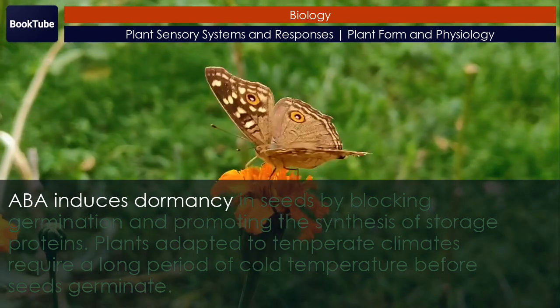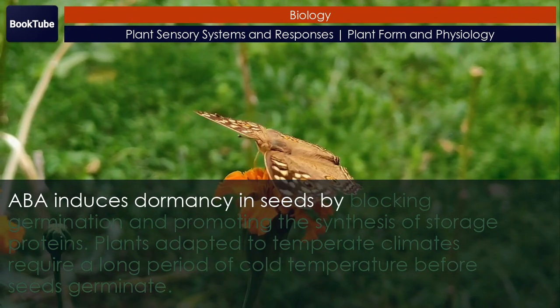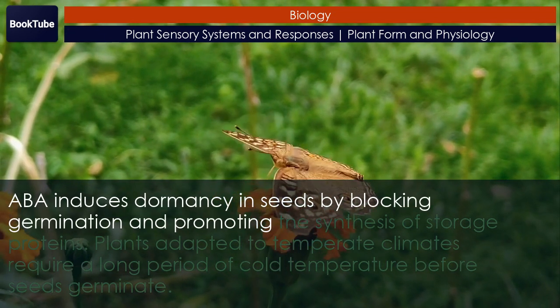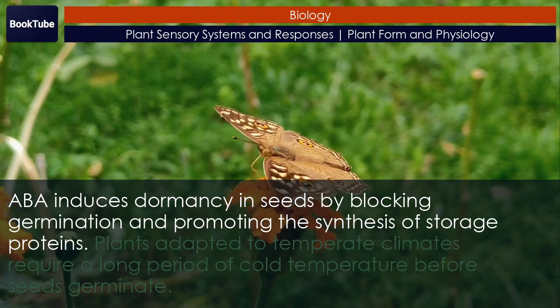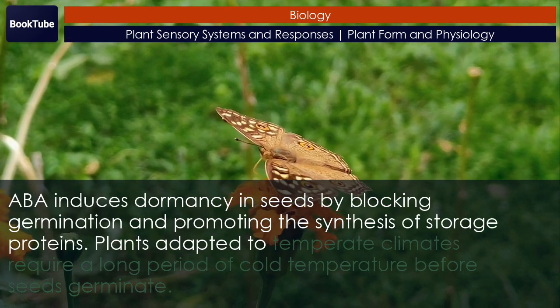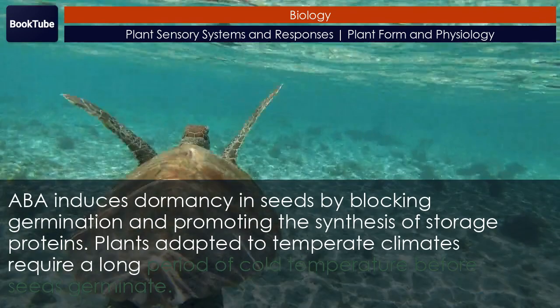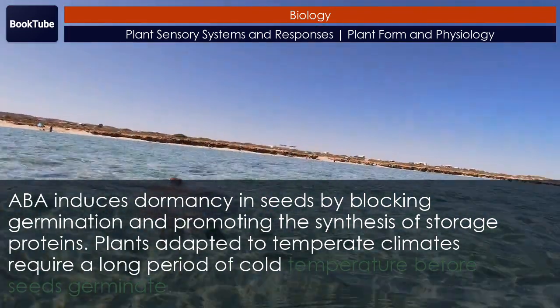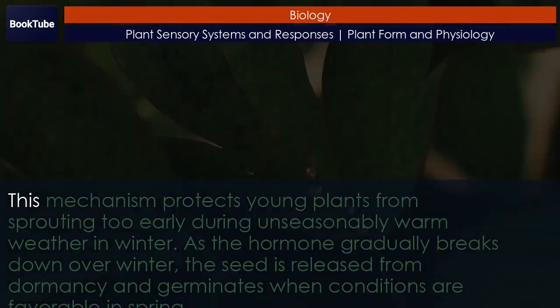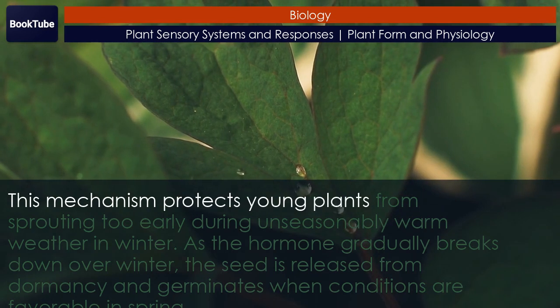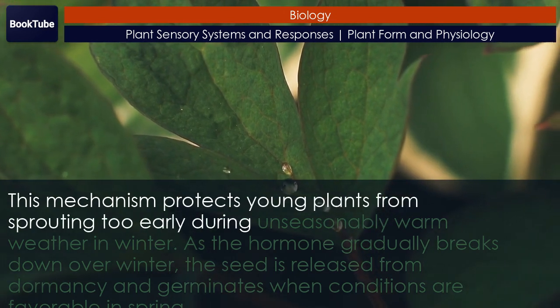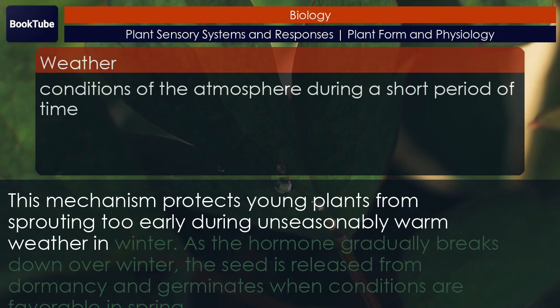ABA induces dormancy in seeds by blocking germination and promoting the synthesis of storage proteins. Plants adapted to temperate climates require a long period of cold temperature before seeds germinate. This mechanism protects young plants from sprouting too early during unseasonably warm weather in winter.